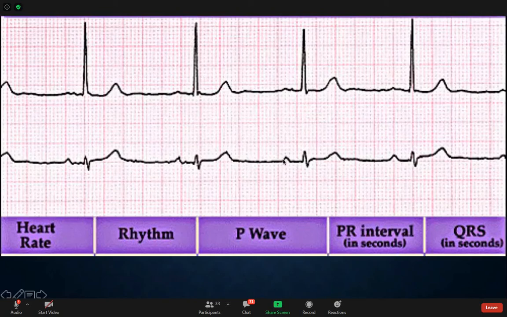The P wave is positive in lead 2, so this is normal morphology, a sinus rhythm. And regular. What's the rate? 60.